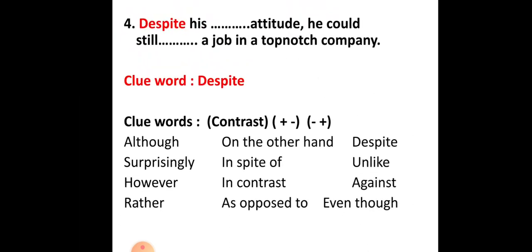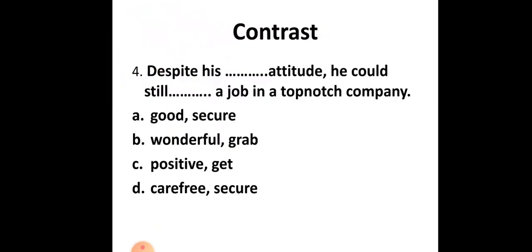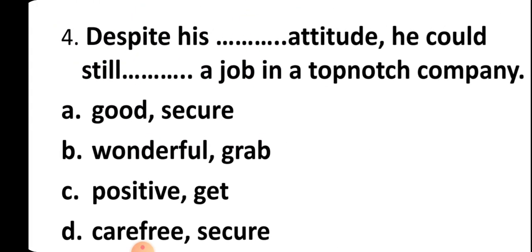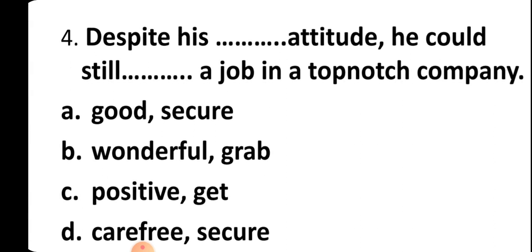Now look at this statement. Despite his blank attitude, let's say you're saying that he has a good attitude. Despite his good attitude, what happens? He should not get a job, because attitude is positive, and getting a job is also positive. It does not work. When you have a positive idea preceding, the following idea should be a negative one.